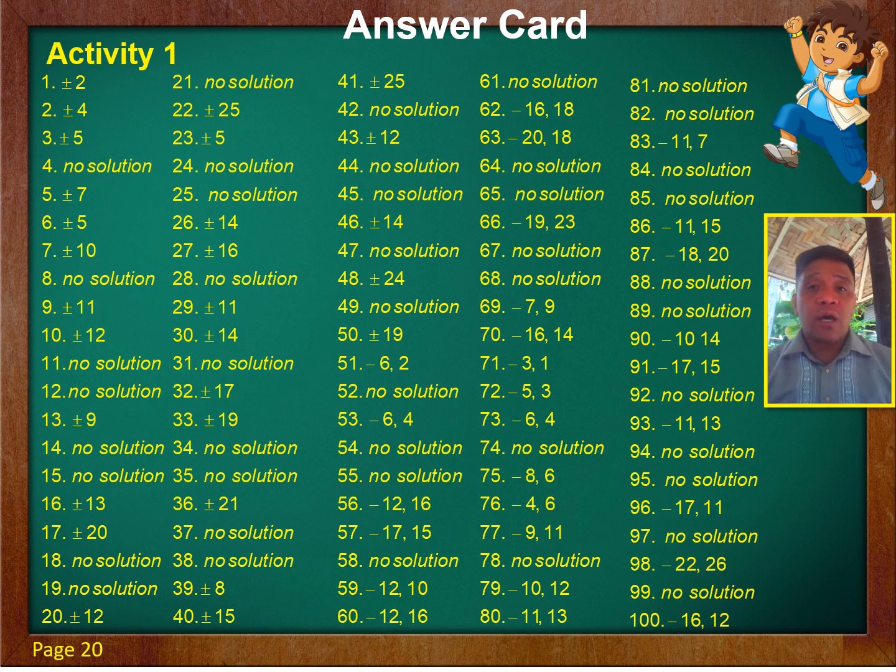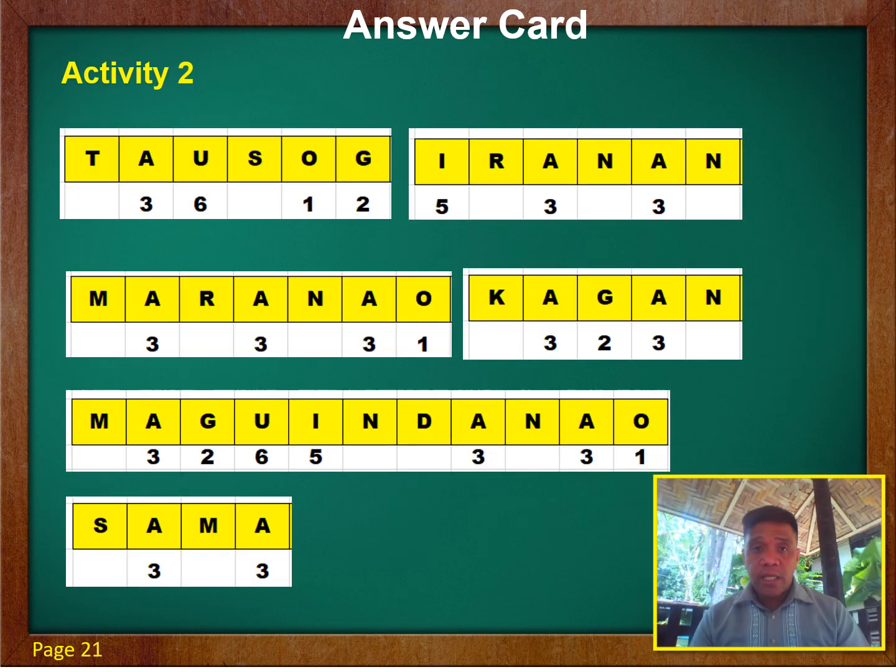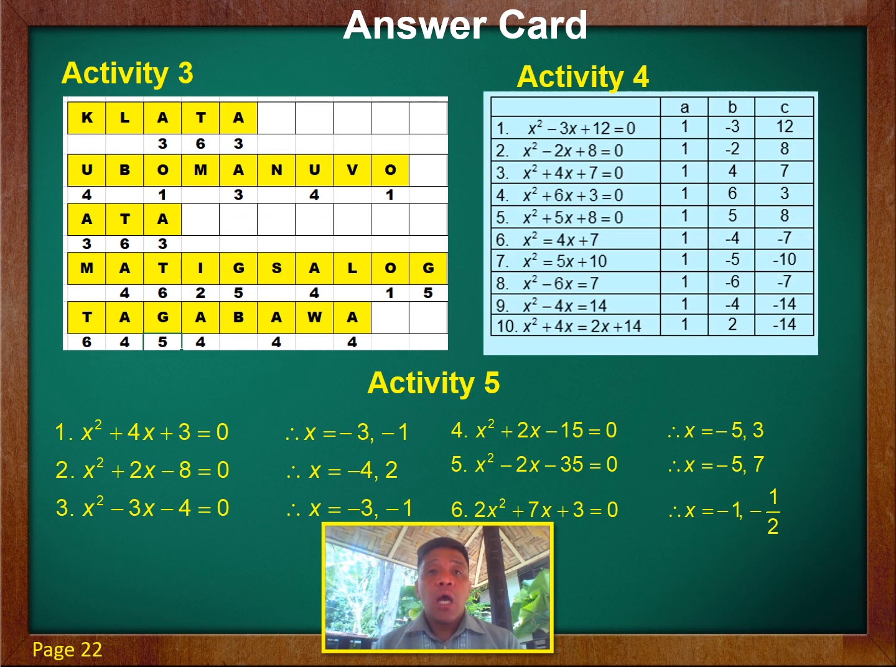Then we have here activity 1, our board game, with answers from 1 to 100. This one is the answer for activity 2, the 6 Moro tribes that live in Davao City region. These are the answers. And in activity 3, the 5 Lumad tribes who also live in Davao City. Activity 4 has the numerical coefficients of the quadratic term, linear term, and constant term.